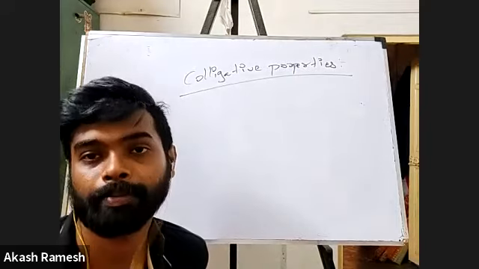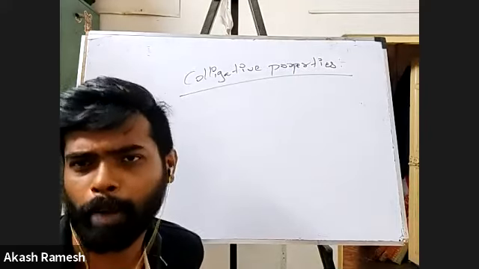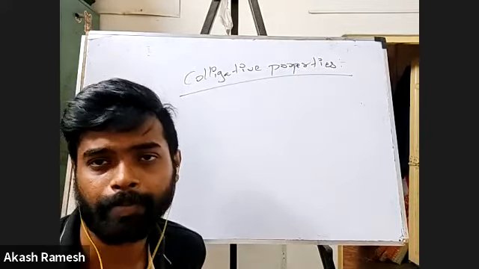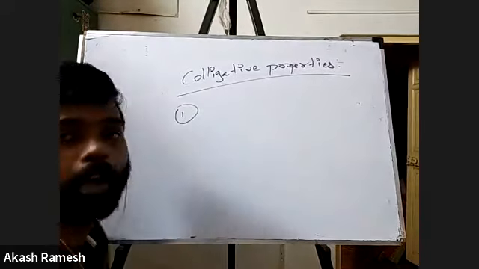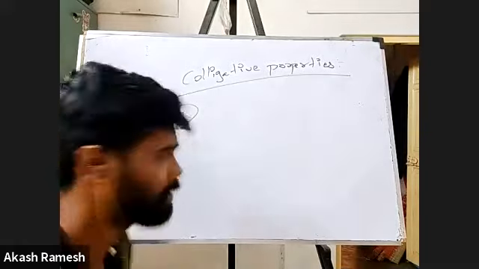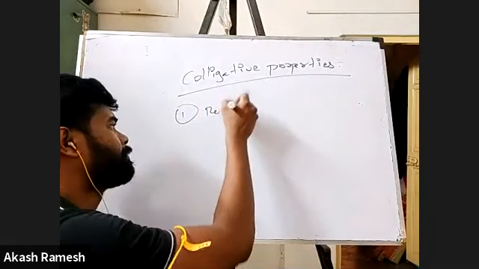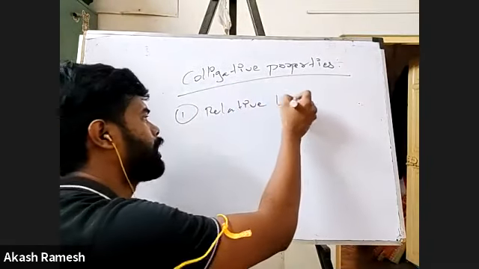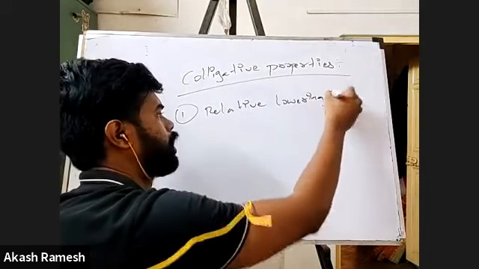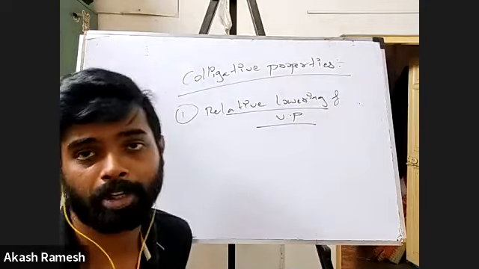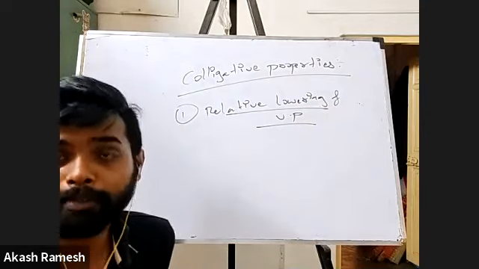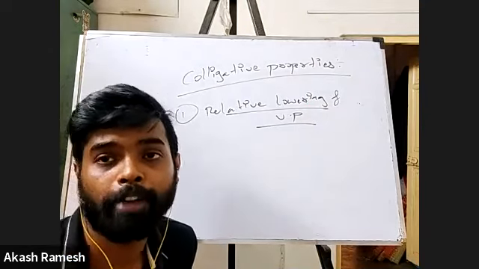That is basically molecular mass, isn't it? Okay. So among these, the first colligative property we are going to look into today is relative lowering of vapor pressure. VP is vapor pressure.